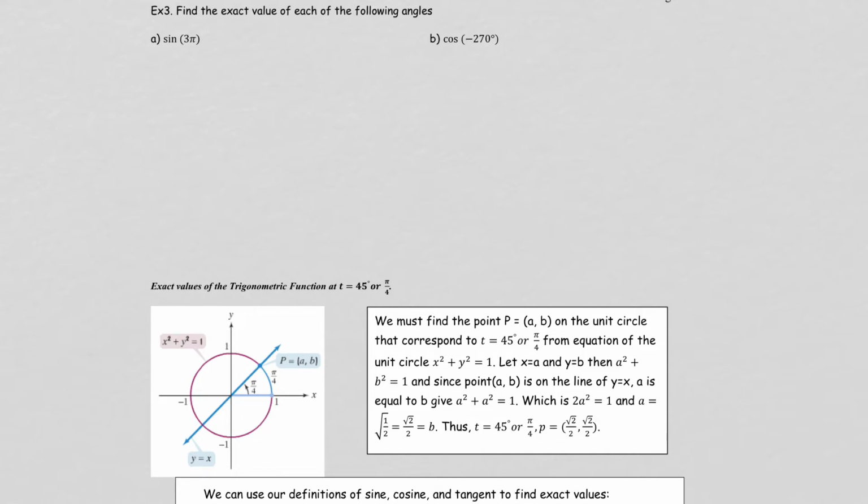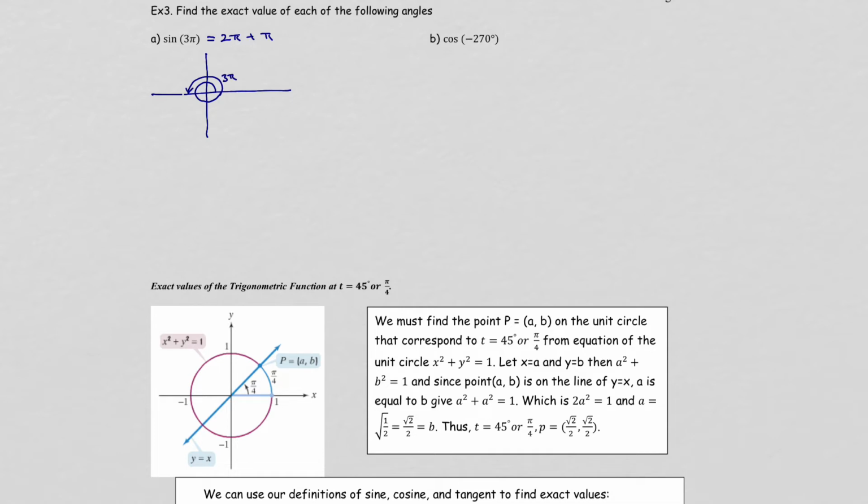So I need to know where sine of 3 pi is. And 3 pi is equal to 2 pi plus pi. 2 pi means one circle, and pi goes half a circle more. So that's going to be 3 pi.